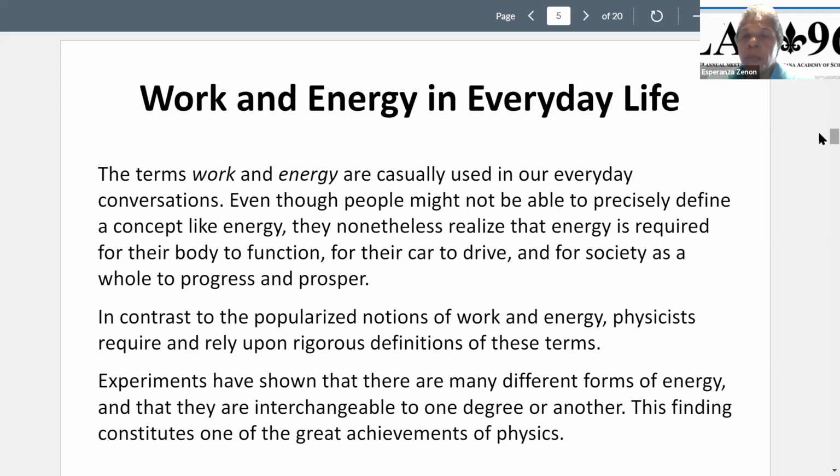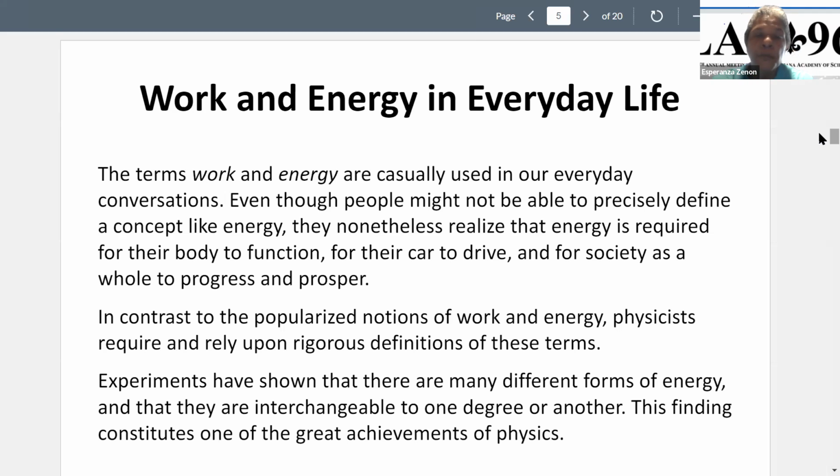But one of the important things from science is that we figured out that there are many different forms of energy, and that these forms of energy are interchangeable. We can take one form of energy and change it so that it's useful in a different way, right?